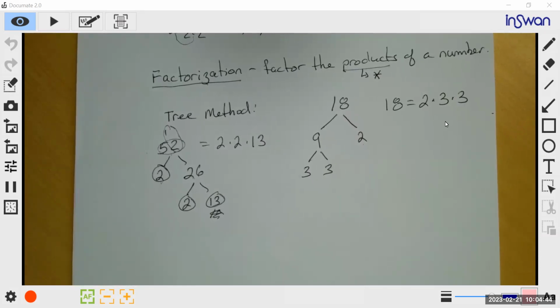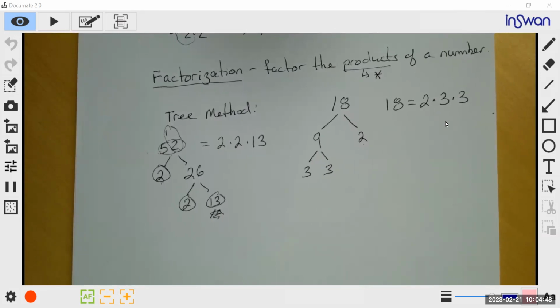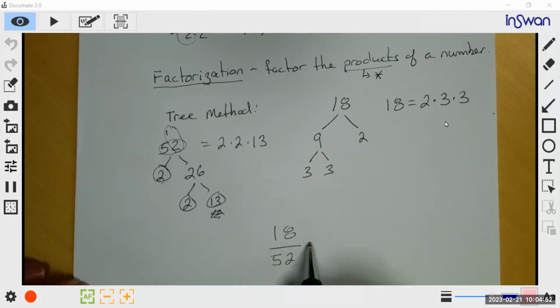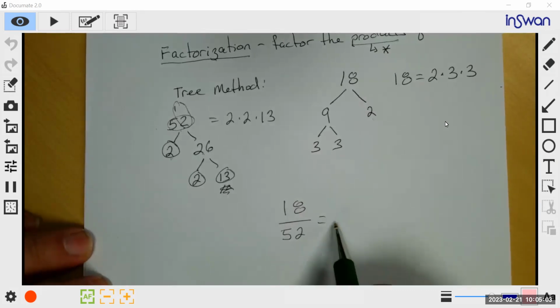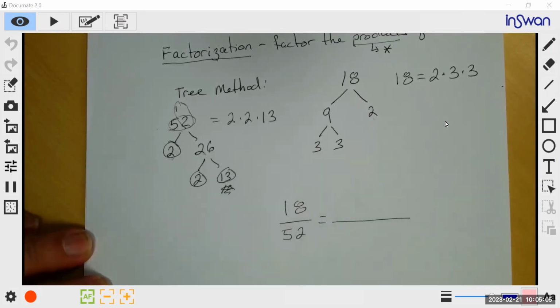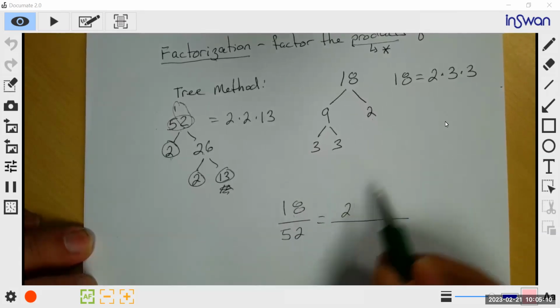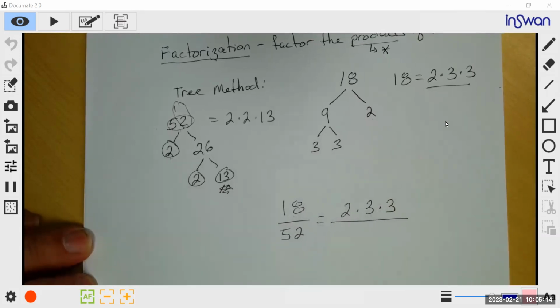Now, here's a common use of prime factorization. Divide those 2 numbers. When you divide, you're looking for what they have in common, right? So what is 18 made up of? 2 times 3 times 3.